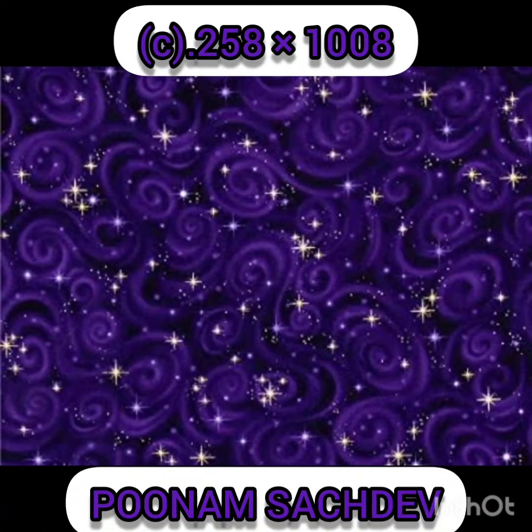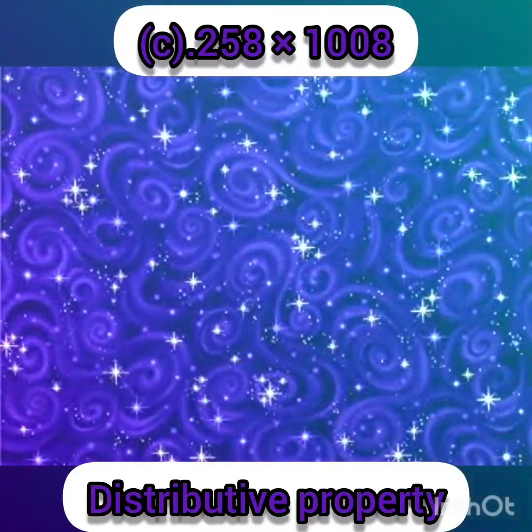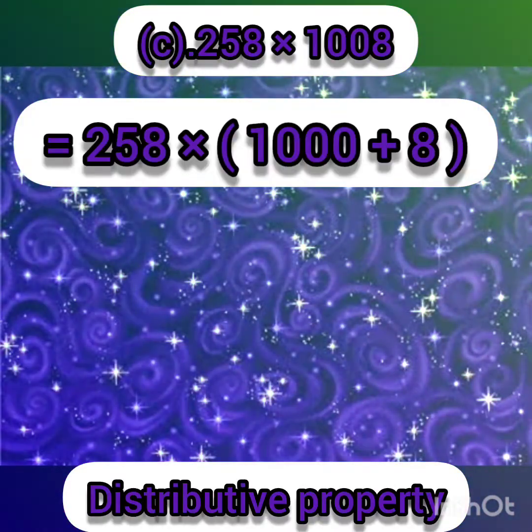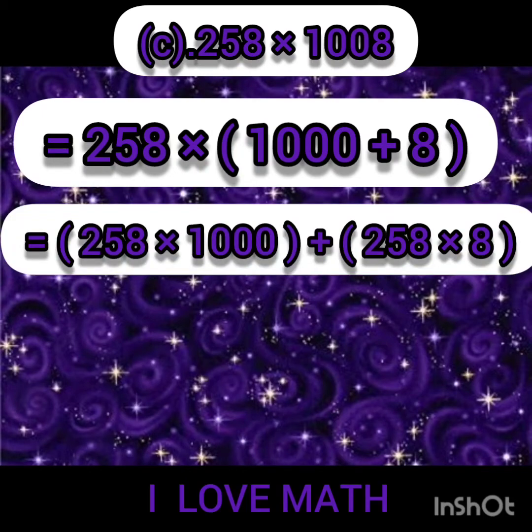Now see 258 multiplied by 1008. Let's apply distributive property. 1008 can be written as 1000 plus 8. Now let's have the product of 258 and 1000. Also, we will have the product of 258 with 8.